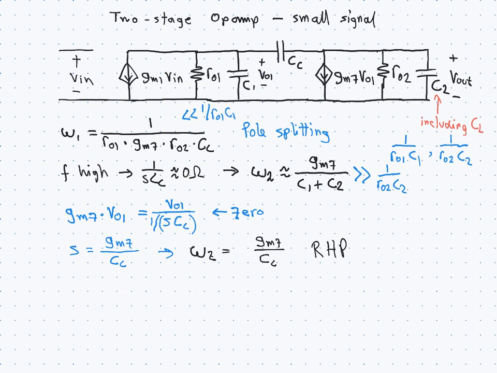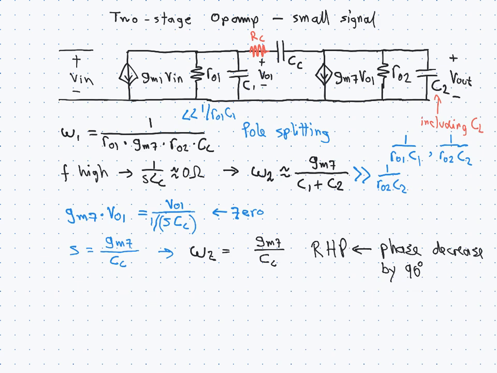Now a right half plane zero is not particularly good for stability, because what it does is that it drops the phase down by 90 degrees, even if it straightens up the amplitude characteristic. Now that means that we have actually managed to make the amplifier unstable using Miller compensation. Now this instability can be fixed by putting in resistance in series with the compensation capacitor.